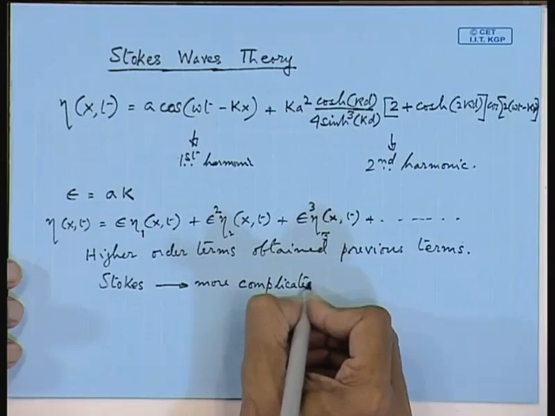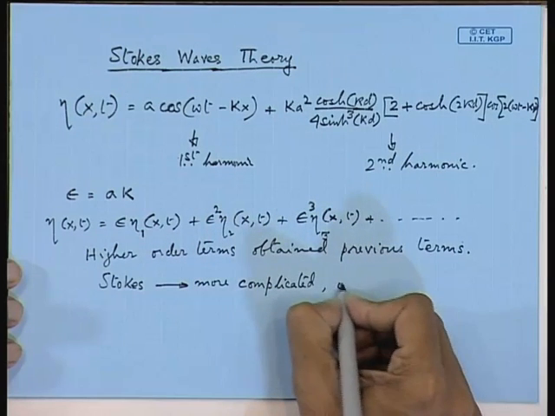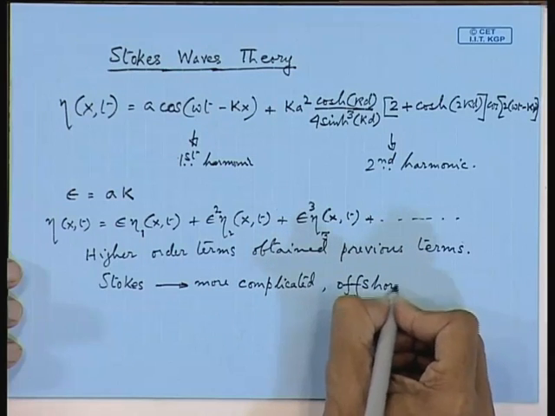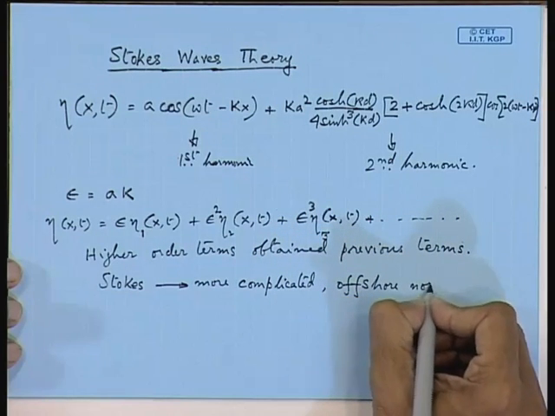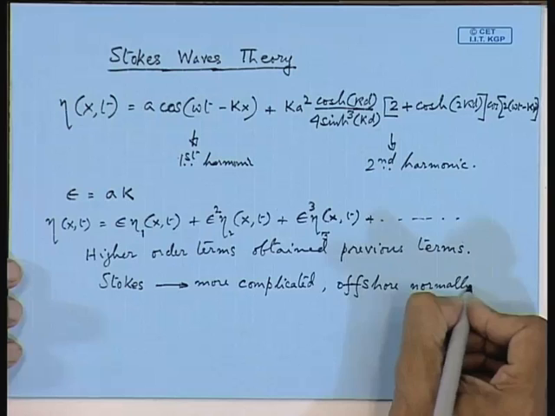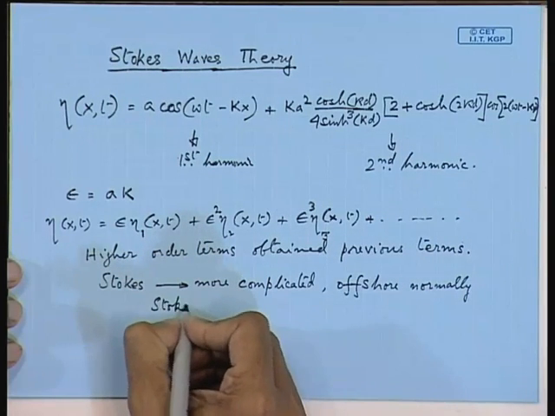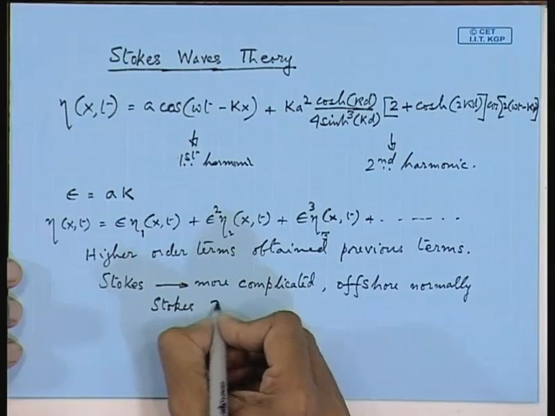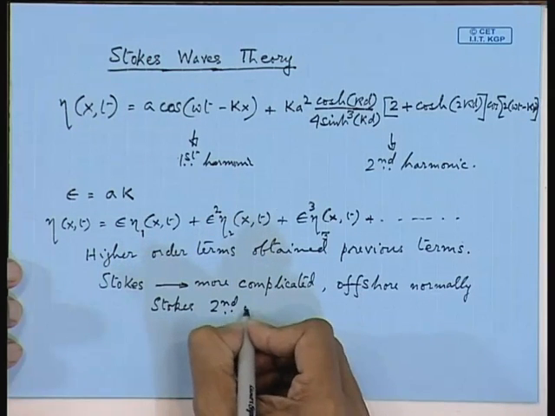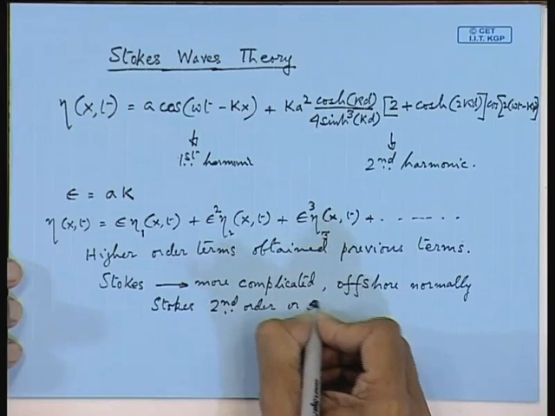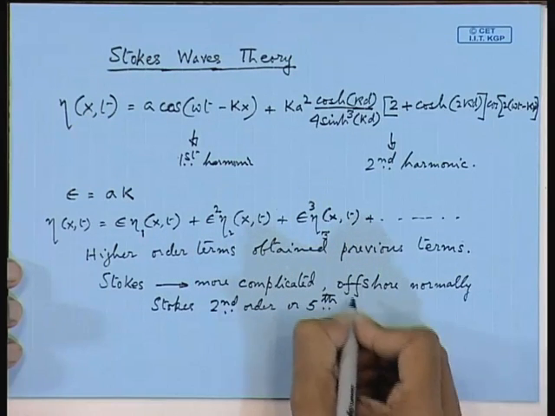And in offshore, normally we go for Stokes second order or fifth order. Sometimes you also go for fifth order term.